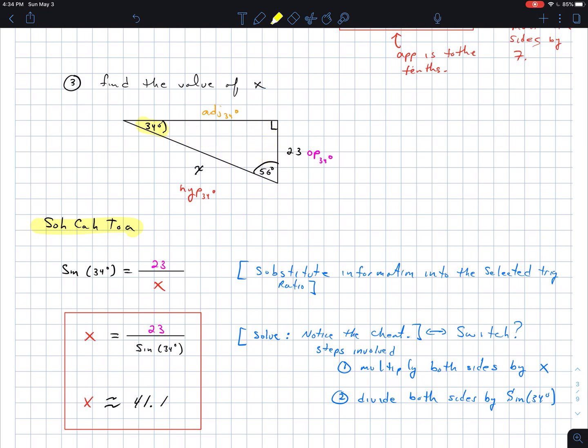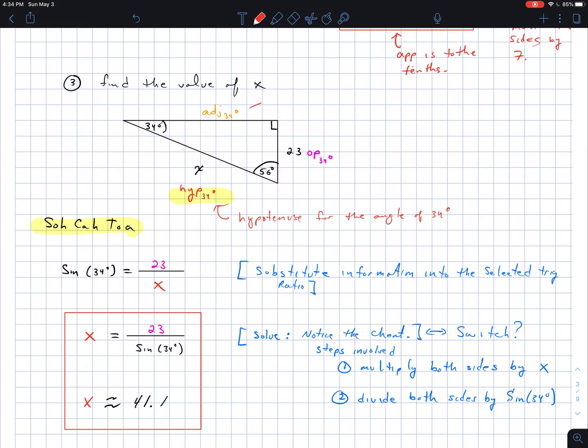So what I did was I labeled them appropriately. The hypotenuse with a subscript of 34 degrees. That means that it is the hypotenuse for the angle, if you will, of 34 degrees.